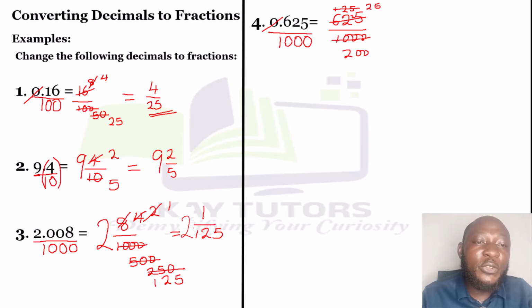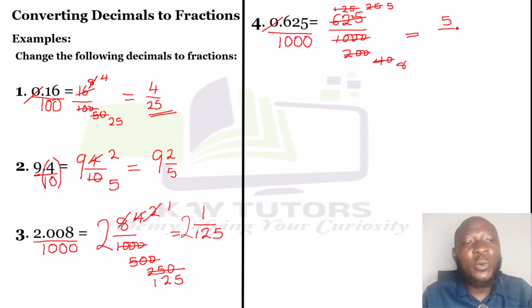And 5 into 200 is 40. Again, 5 into 25 is 5, and 5 into 40 is 8. So what's our final answer? Our final answer is 5/8, or 5 over 8.